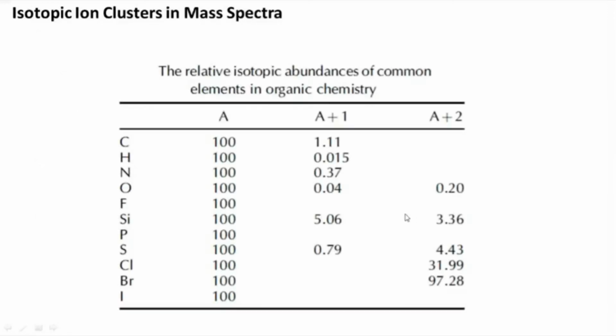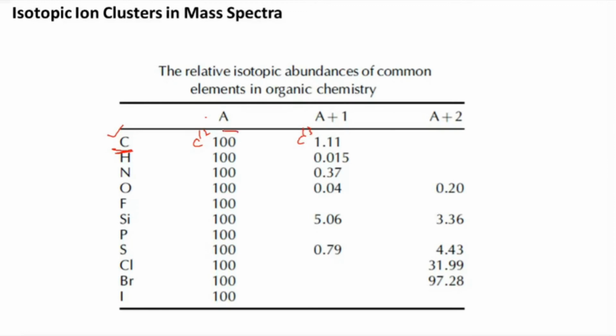The second one is isotopic clusters. As I told you, in case of carbon, we have A, A plus 1, A plus 2, where A is the molecular ion, plus 1, molecular ion plus 2. This is carbon 12, this is carbon 13.